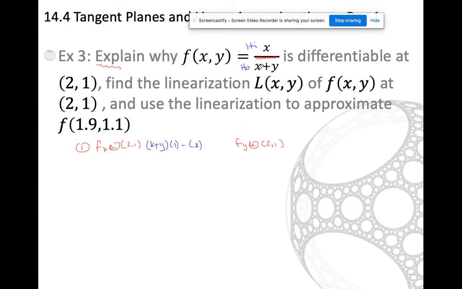The derivative of x plus a constant is just 1, all over x plus y squared. So what do I have here? x plus y minus x, so that is just y over x plus y squared. What is that at 2, 1?